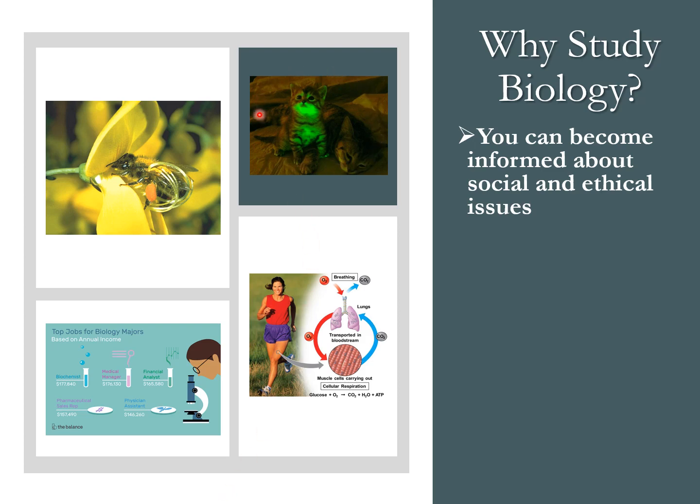This kitten has a gene that's actually found in jellyfish, and so they glow under black light. You've seen them probably in fish as well at the pet store. So these are ethical and maybe even social issues that come up, and you can be more informed about those because you know where to find literature, what biology is, and how we study biology.